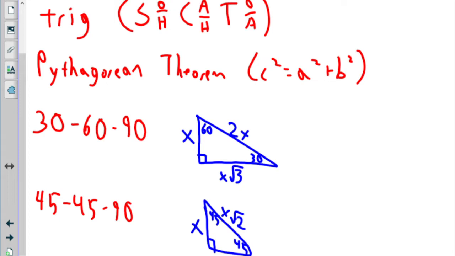Now there is one more missing piece, and that is, in order to use the trig, we need an angle. We're going to get that angle by finding something called a central angle.